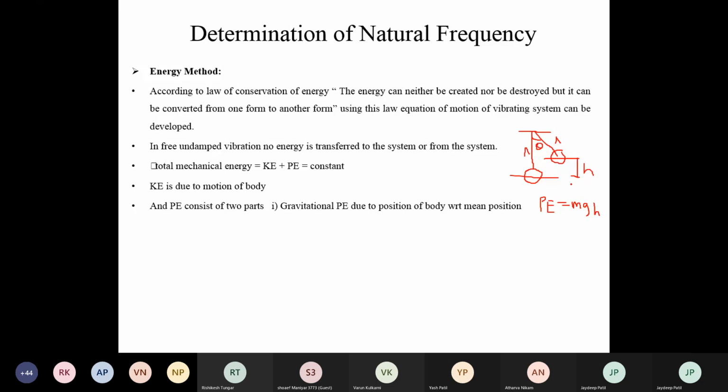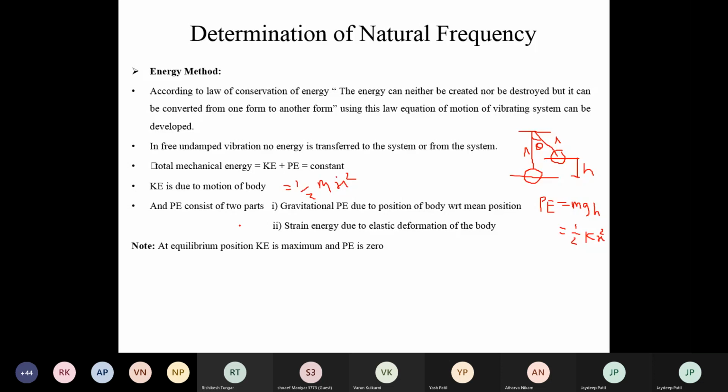Next is the strain energy, or the spring. If there is a spring or the elastic nature of the body, the potential energy is equal to 1/2 kx square. These are the two formulas. Now, kinetic energy has a formula, 1/2 m x dot square, if there is linear motion.